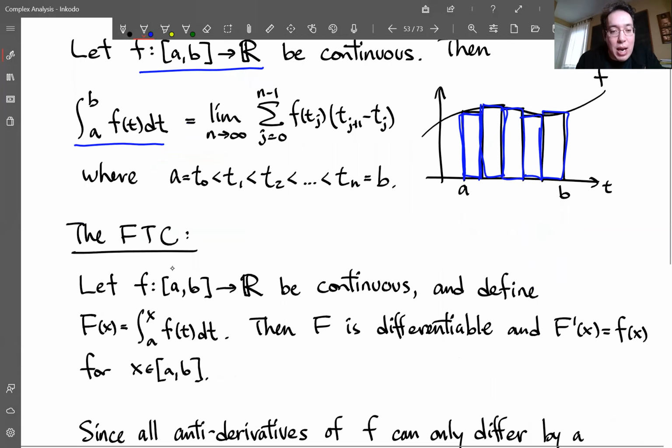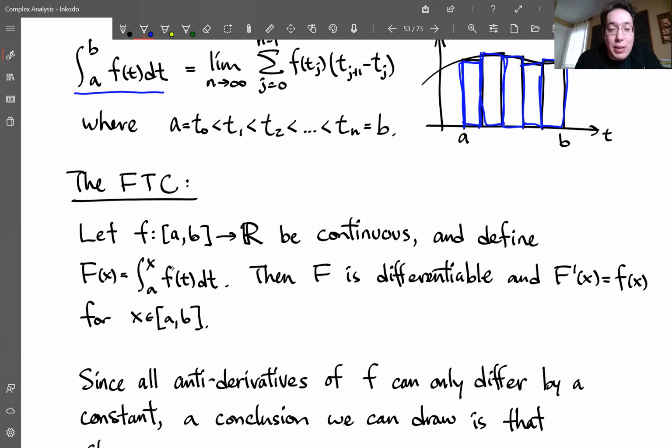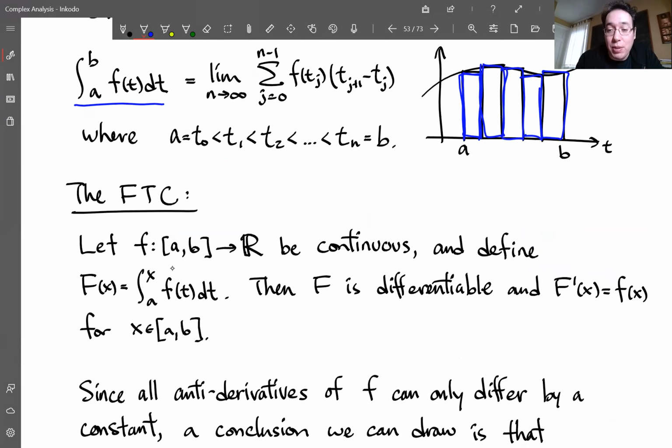Okay. And then the fundamental theorem of calculus says that if you have a continuous function, then we can define the area function. And if you take the derivative of this area function, we get the integrand. Taking this area function is basically the opposite of taking the derivative.